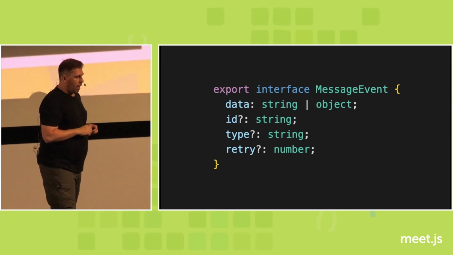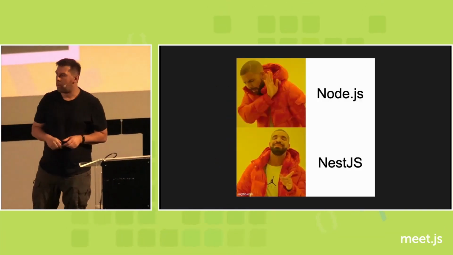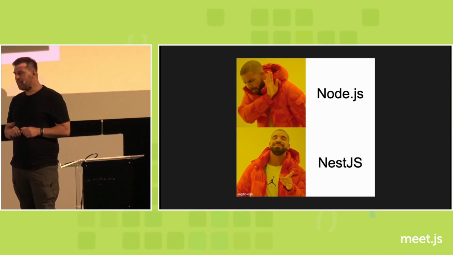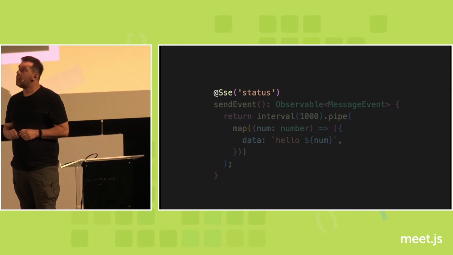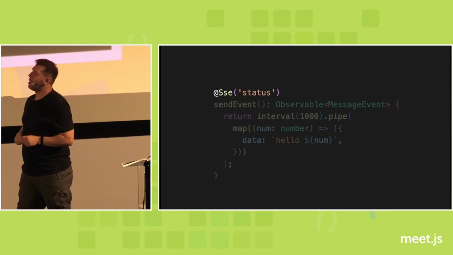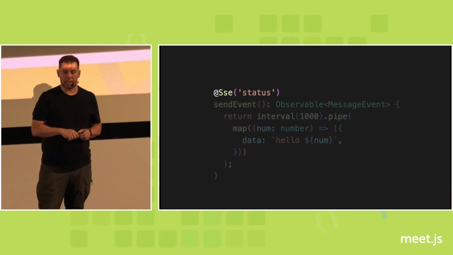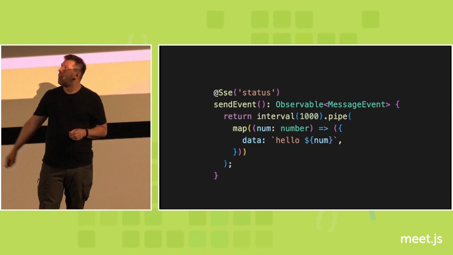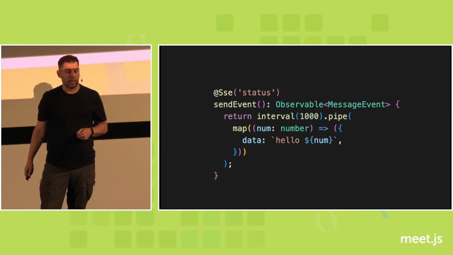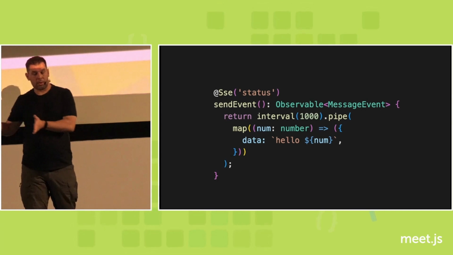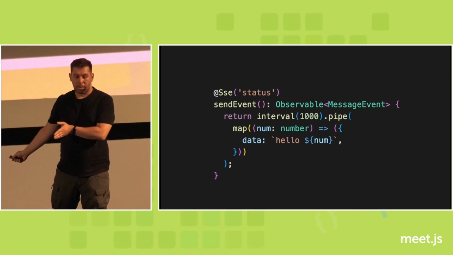And for those of you who prefer, for example, to use Nest.js, there's an easy way, because there is a decorator in Nest.js, so we only need to use this decorator for our endpoint and create a method, for example, sendEvent, an observable stream which uses this message event.